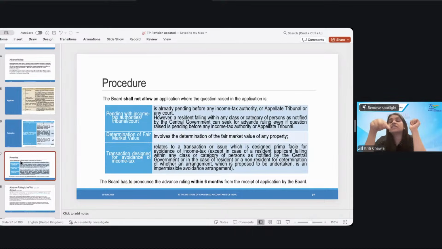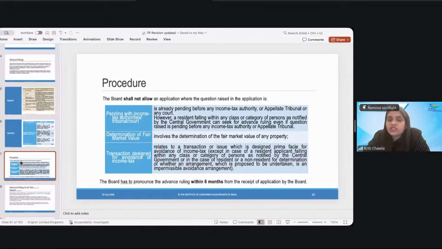However, if the resident is of the kind notified by the central government, they can seek advance ruling even if the question is pending before the income tax authority or appellate tribunal. Then if it involves the determination of fair market value of any property, then advance ruling is not going to be allowed.